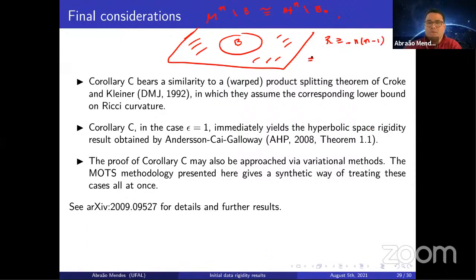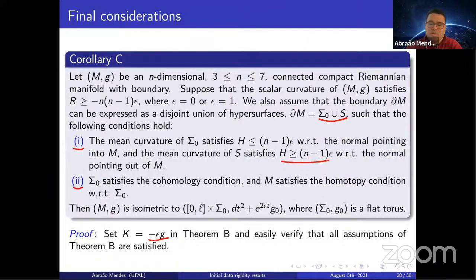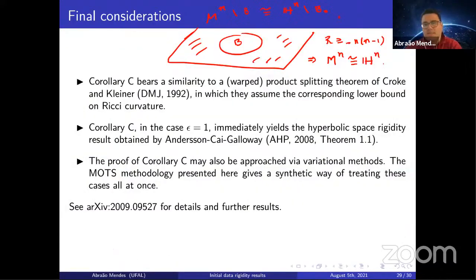Then they showed that M is isometric to the hyperbolic space. Okay, so our result, corollary C, easily implies this theorem.